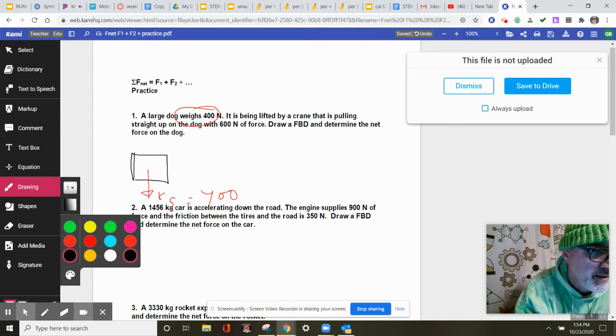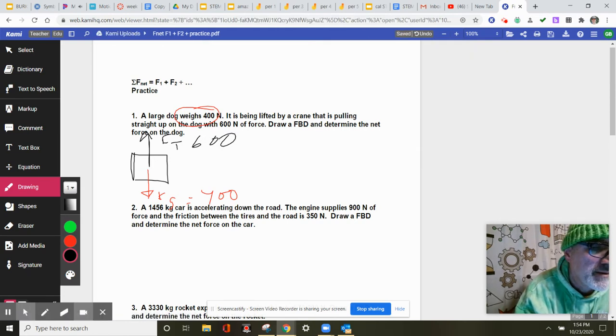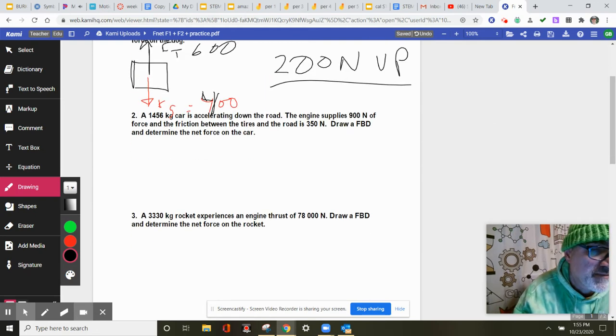And we have a crane, tension pulling up, which is 600, right? And so the difference, we have 600 up and 400 down. So the answer is 200 newtons up, because that's supposed to be a 4, not a 7. Because up cancels down.